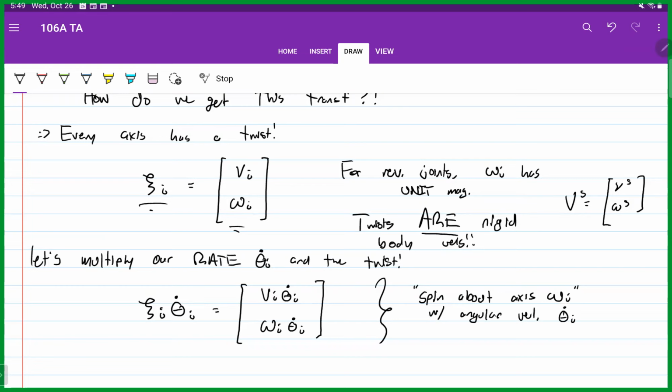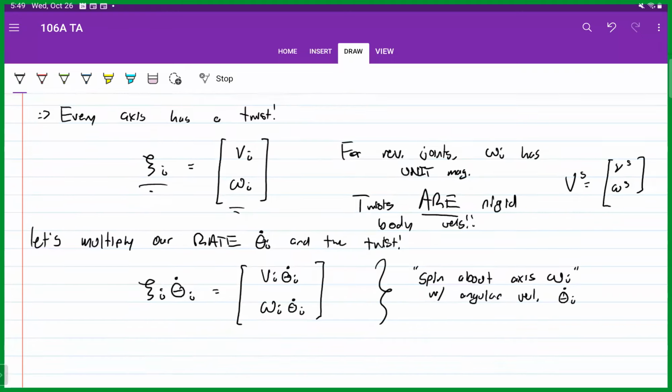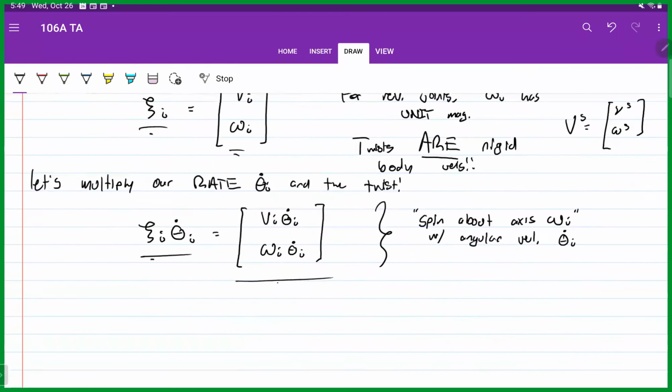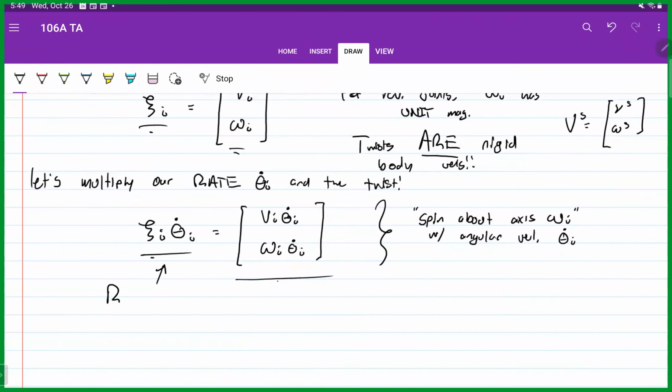Okay. So what this is doing is giving us the correct magnitude of our rigid body velocity associated with this joint. All right. So this is the rigid body velocity associated with moving joint I at rate theta I dot.